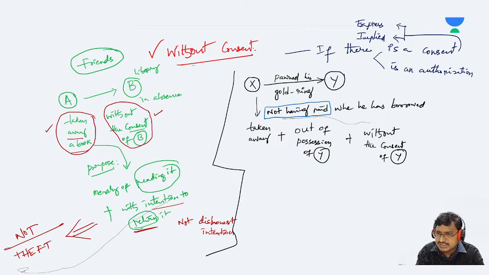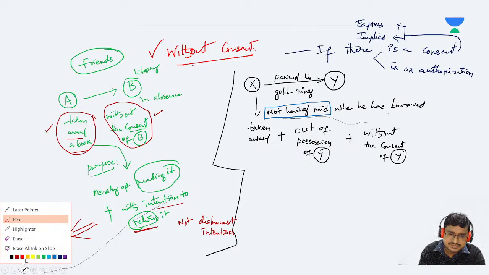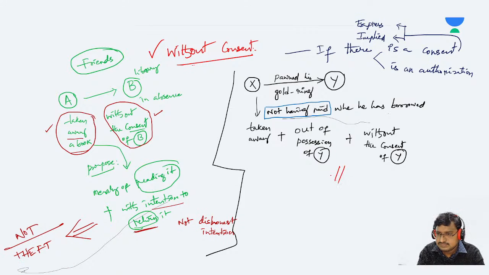Now Mr. X has taken away his gold ring, even though it belongs to him. He has taken the gold ring out of the possession of Mr. Y without the consent of Mr. Y, which amounts to theft.